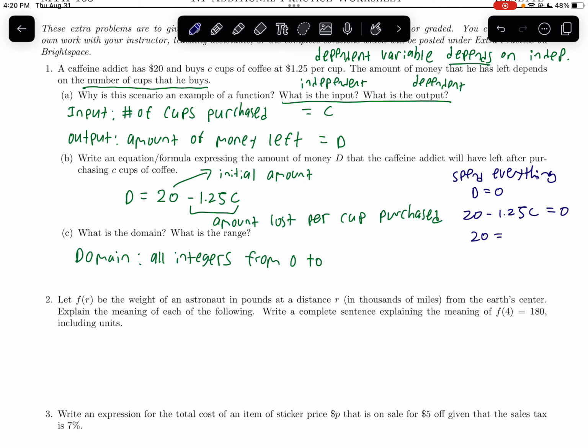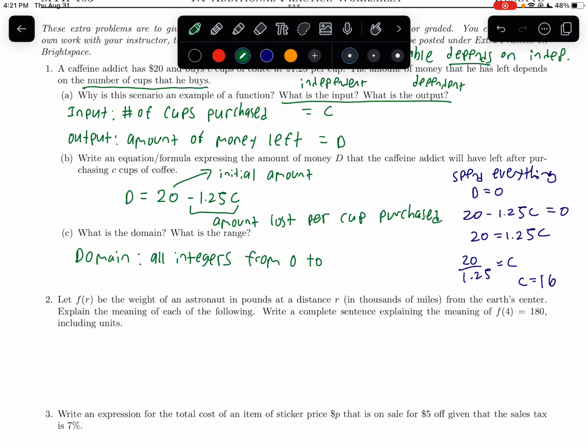So we're going to solve for C. You'd add this to both sides, and then divide. So 20 divided by 1.25 is C, and that value is 16. So the answer here would be from 0 to 16.